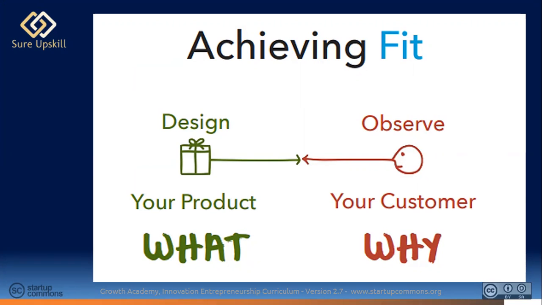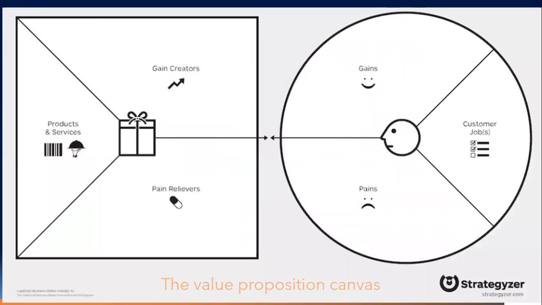So why does the customer want something? And in answering this why, we get to know what we need to deliver to the customer in the value proposition box to satisfy his needs.